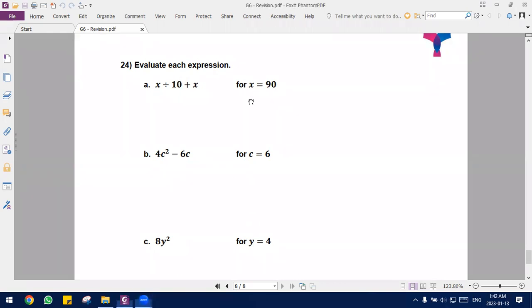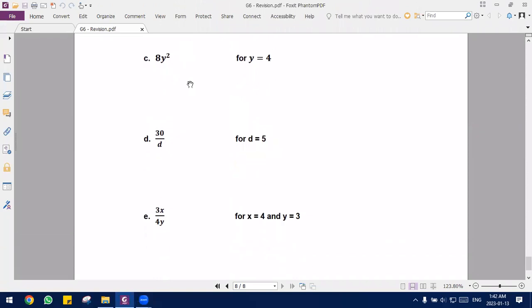Question C. We have 8y squared and y is equal to 4. We write it in bracket. 8y squared. Do the square first. So it will be 8 times 4 squared is 16.